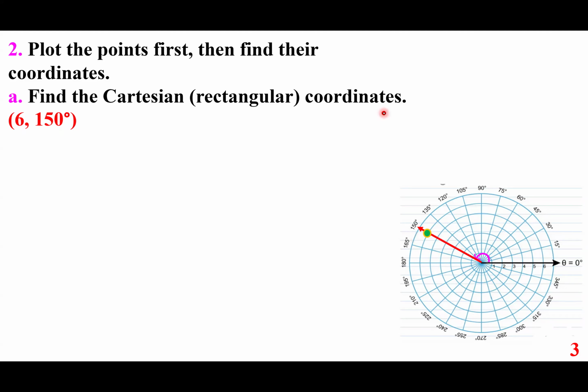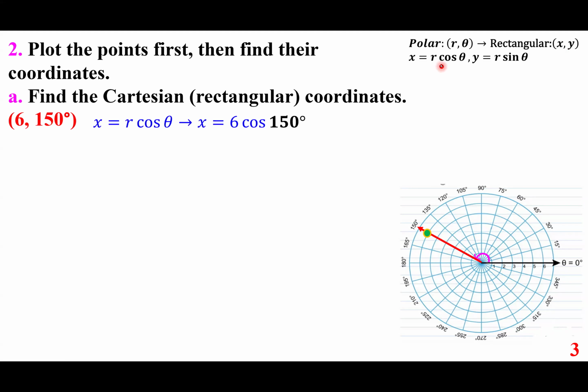Find the Cartesian or rectangular coordinates. Well, polar has coordinates r comma theta, rectangular has coordinates x comma y. x is r cosine theta, y is r sine theta. Therefore, we are going to go with x equals 6 cosine of 150 degrees.